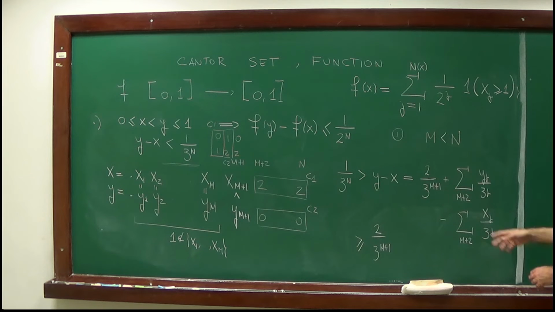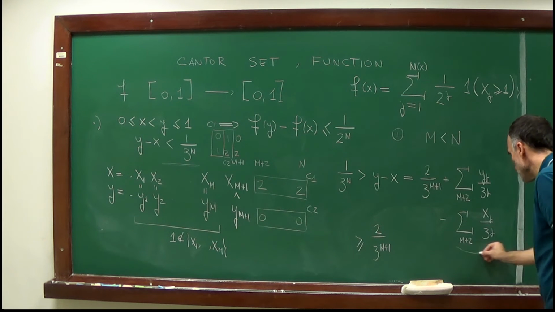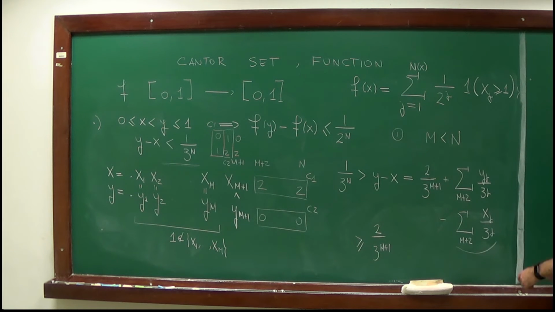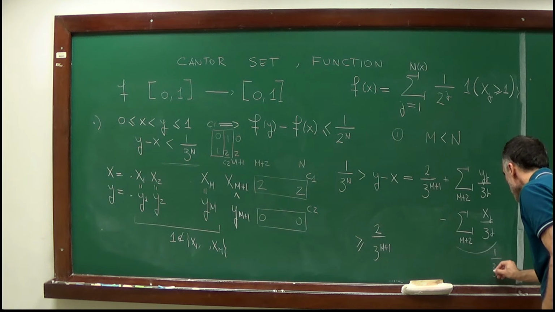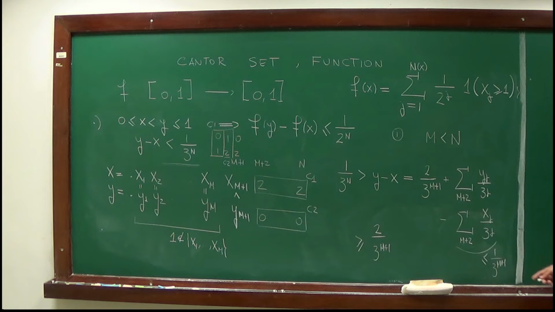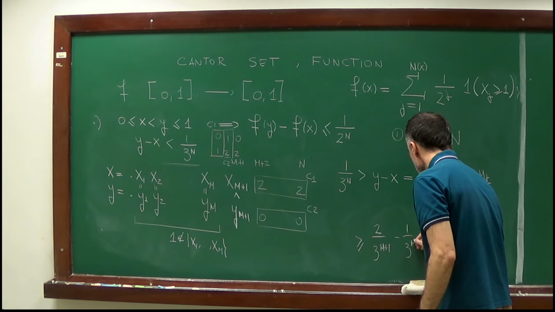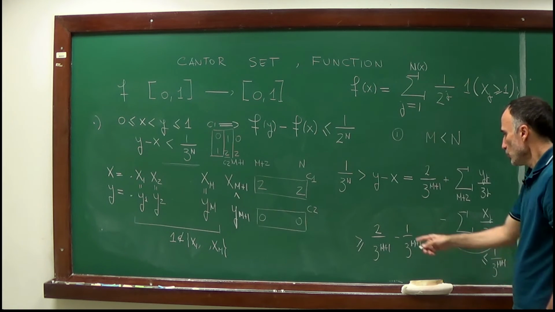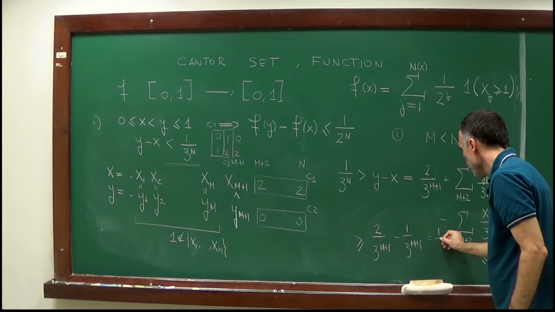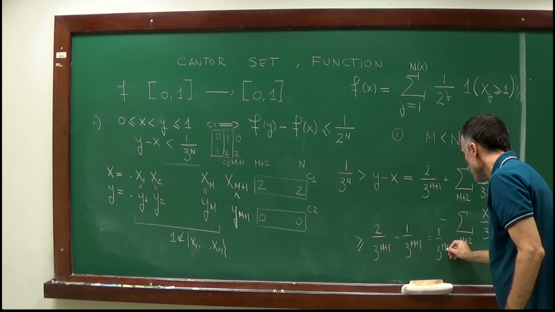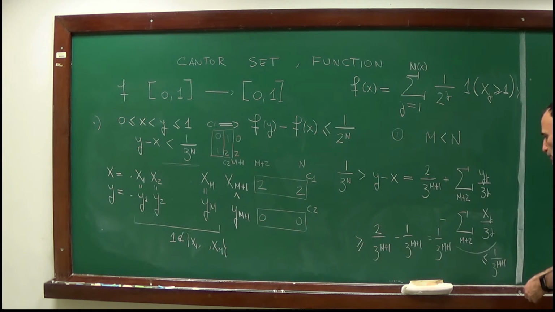For xj, as I did in the previous step, this is bounded by the case in which xj is equal to 2 for all j. That will give me 1 over 3 to the power m plus 1. So this expression is bounded by this. With the minus sign, I get a lower bound with minus 1 over 3 to the power m plus 1. So this gives me a 1 divided by 3 to the power m plus 1, right?